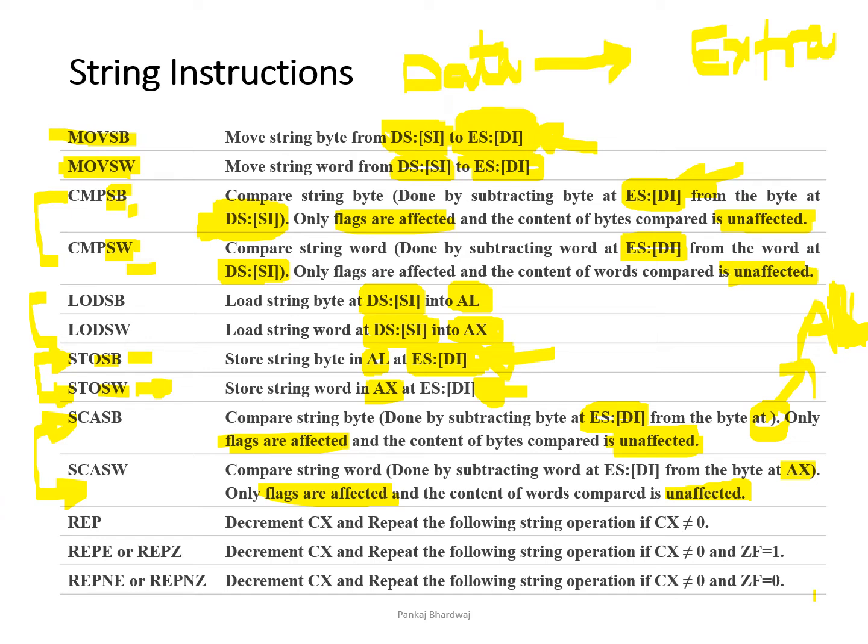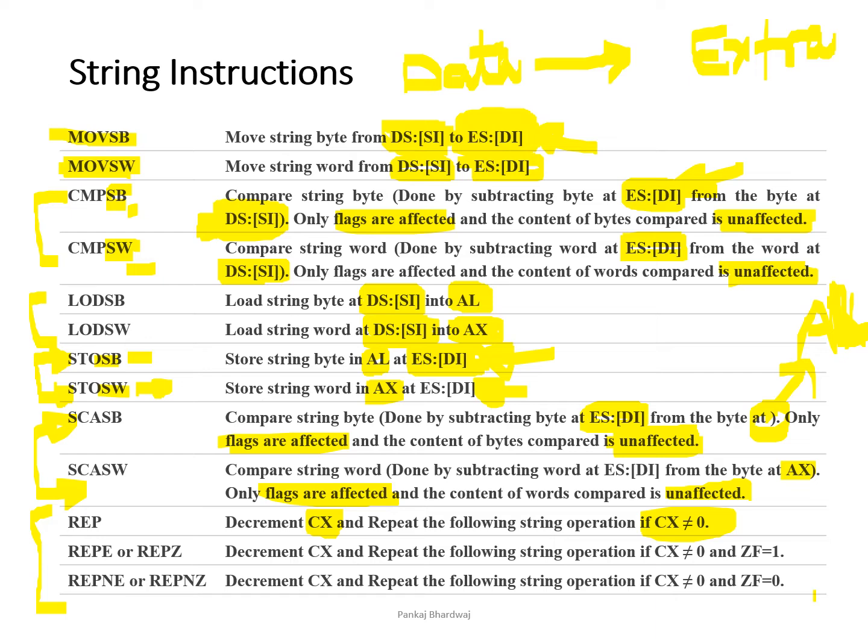Now the three important commands are REP, REPE and REPNE. REP decrements the content present in the count register, that is CX, and repeats the following string operation if CX is not equal to 0. So conditionally or unconditionally it can be used as a loop.